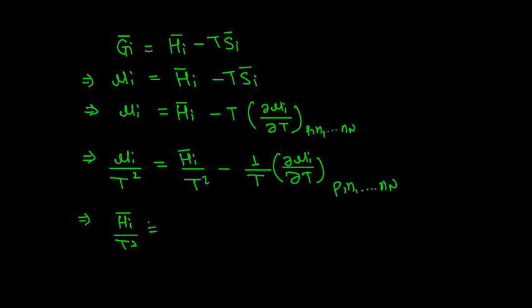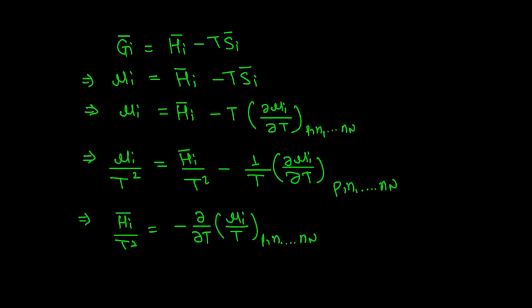I do a rearrangement, and what I get from here is simply that Hi bar by T squared is the negative of del by del T of μi by T at constant P and N1 and so on.